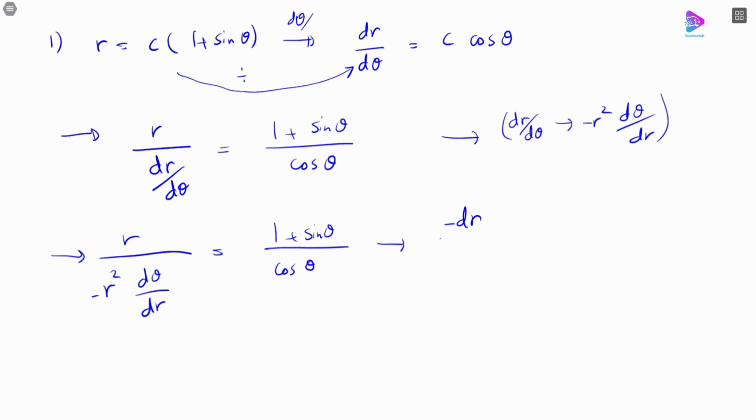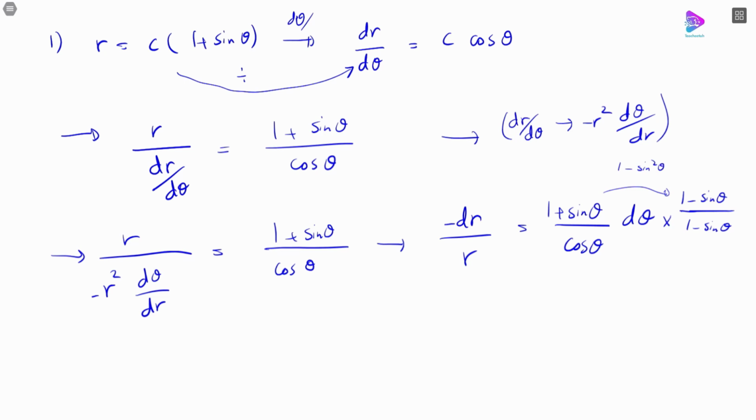Simplifying, minus dr over r is equal to 1 plus sine theta over cosine theta d theta. And then we can multiply this by 1 minus sine theta over 1 minus sine theta, which, what's going to happen? This gets 1 minus sine squared theta, right? And then 1 minus sine squared theta is equal to cosine squared theta, correct?